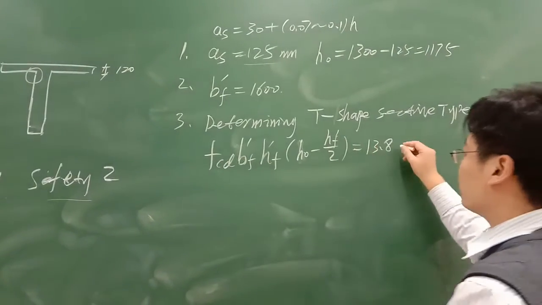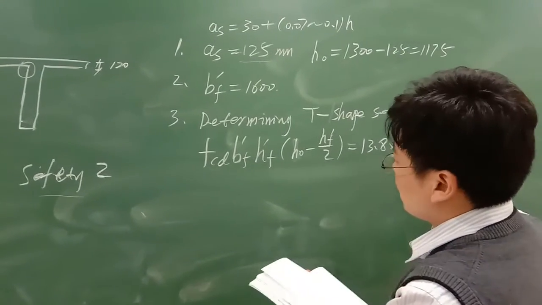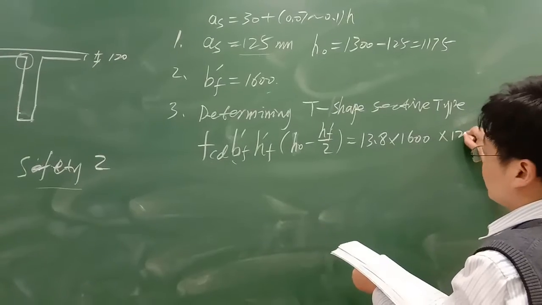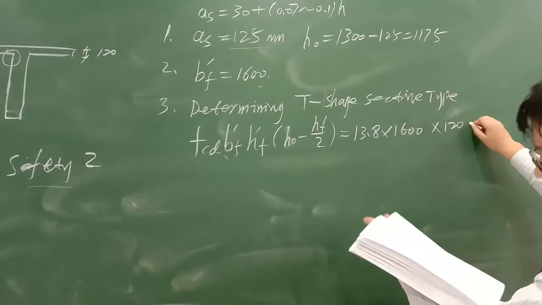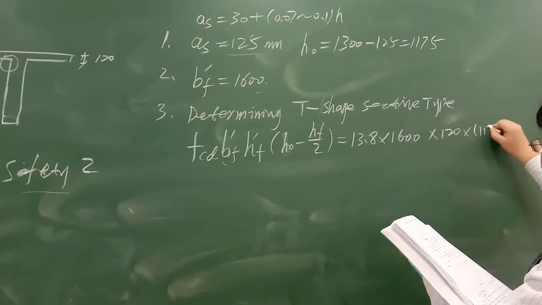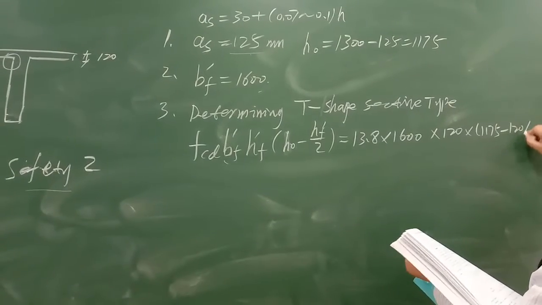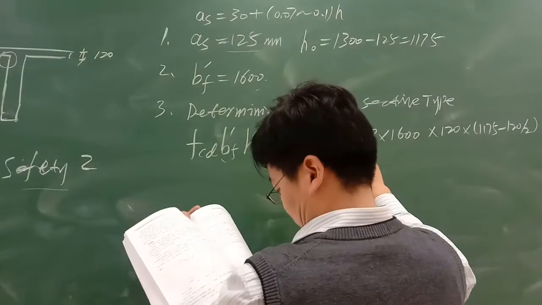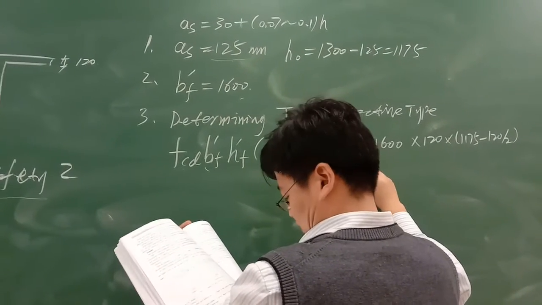You can check the table. And then 1.6 is BF, and 102 is the average thickness of the flange. And then H0 is 117, minus half of it. So finally, you get 29543.